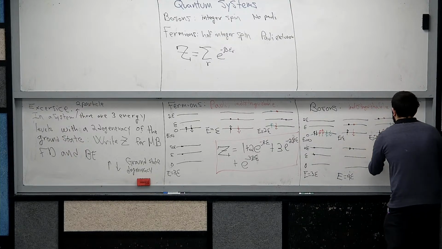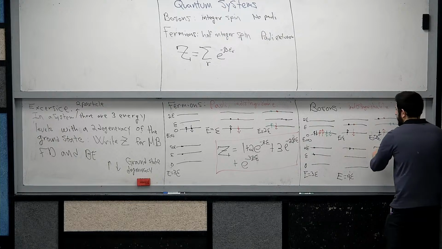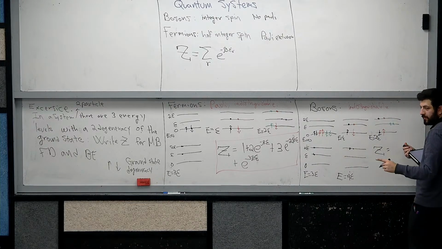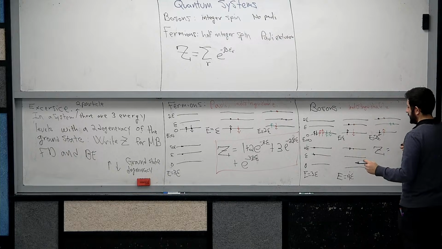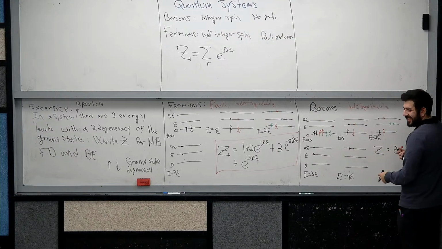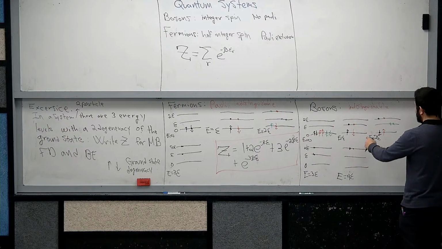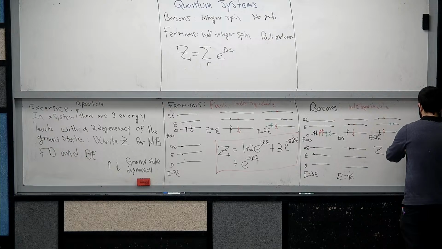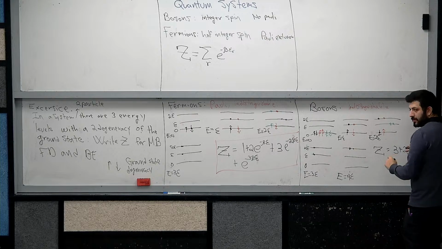So what would be the partition function? The first term is what? 3 times 1, so 3. Then 2 times e to the power minus beta epsilon.